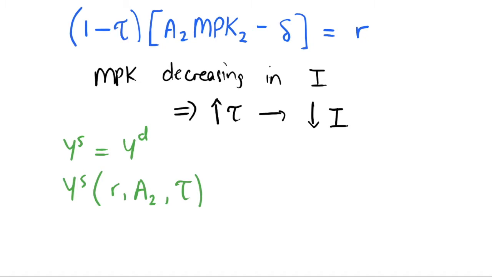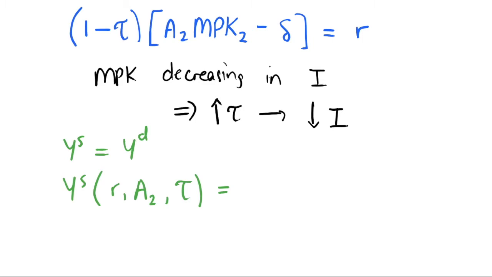If we increase our tau, we are going to be decreasing our investment, and so this is going to affect supply indirectly. And so this supply has to equal our aggregate demand, which we split into our consumption and investment.